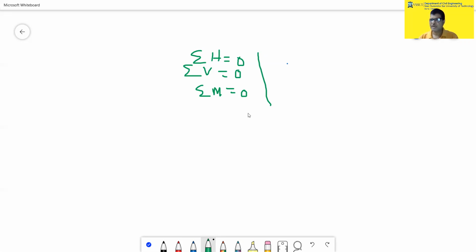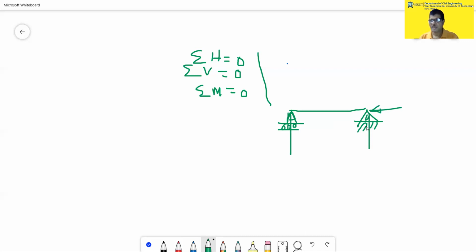Let's give an example. Take a beam with one side roller supported and the other side hinge supported. Now, will it be statically determinate or statically indeterminate? Because there is a roller, there will be one vertical reaction there, and here there will be one vertical reaction and one horizontal reaction for the hinge.